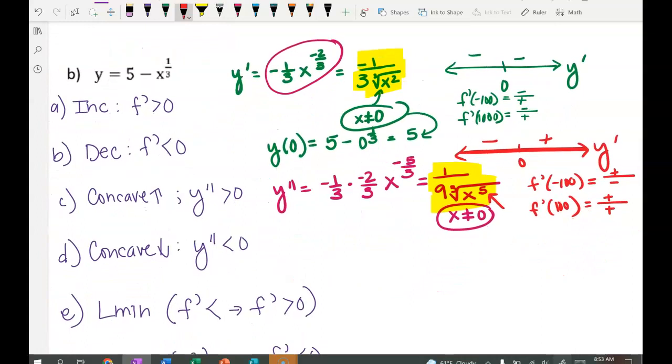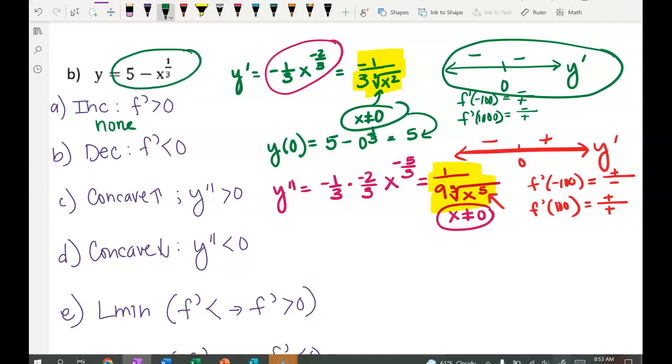All right. Increasing is when the first derivative is positive. As you look at this, the derivative is never positive, so this would never be an increasing function. The entire way, guys, is always a decreasing function, and it's probably because of the cube root. If you think of a cube root and it's negative, it's a reflection over the x-axis.